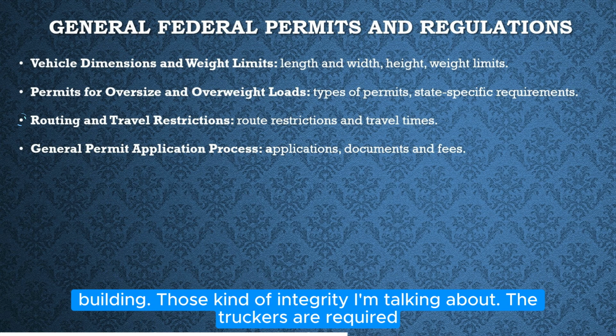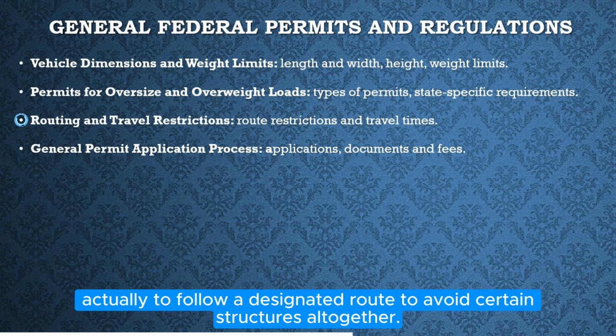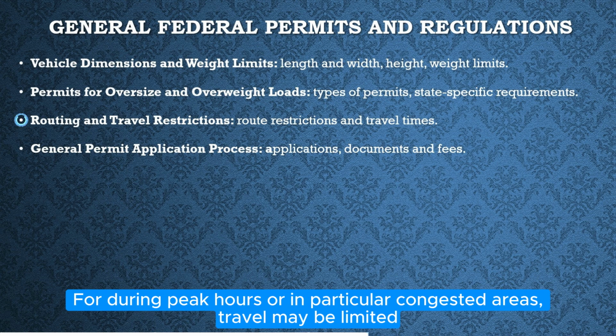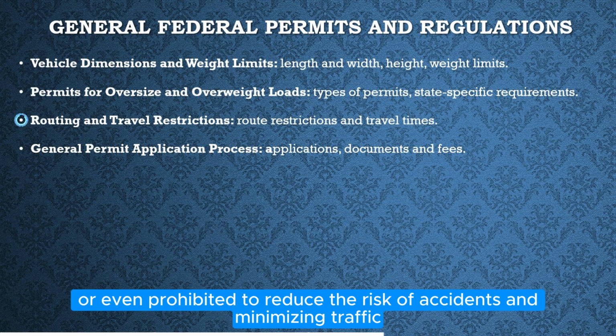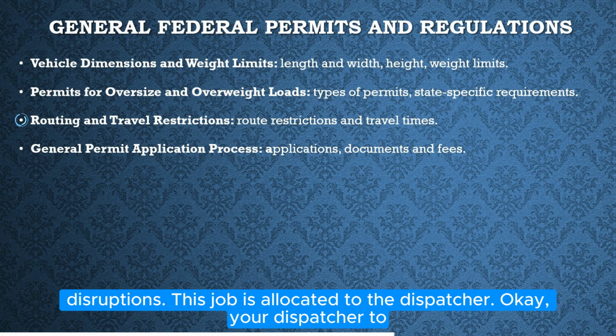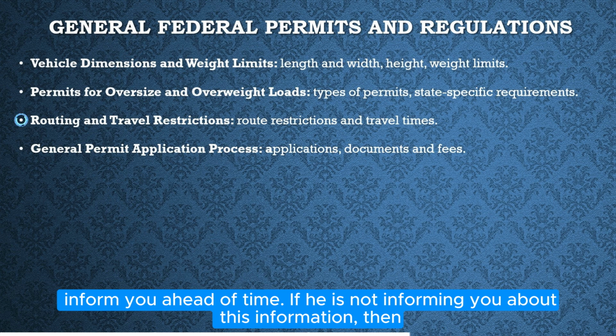The truckers are required actually to follow a designated route to avoid certain structures altogether. So during peak hours or in particularly congested areas, travel may be limited or even prohibited to reduce the risk of accidents and minimizing traffic disruptions. This job is allocated to the dispatcher, your dispatcher, to inform you ahead of time.